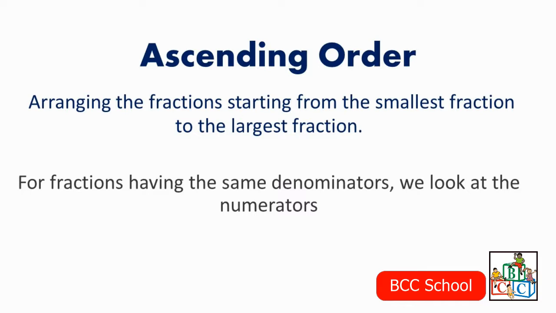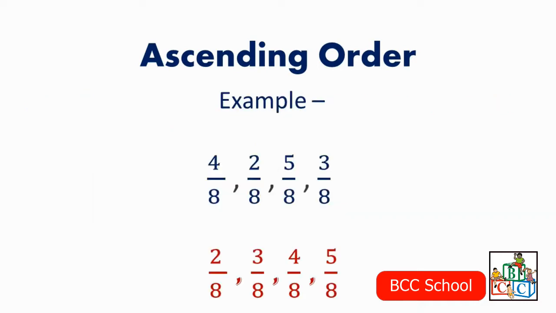If the fractions have the same denominators, we look at the numerators in order to arrange the fractions. Comme ici, the denominators are all the same. So, we will look at the numerators.